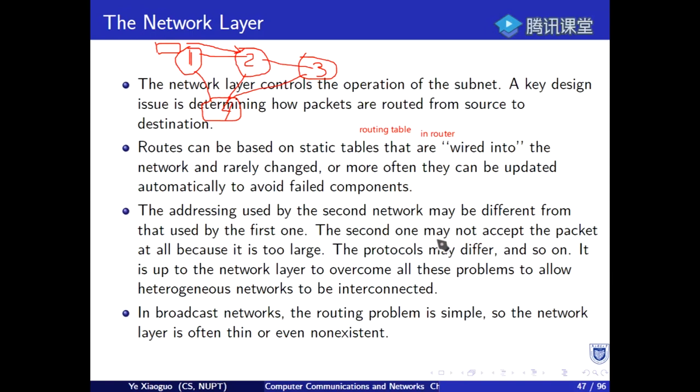So the second one may not accept the packet at all, because it does not recognize the address, or because the packet is too large. Too large means they obey different maximum transmission units, MTU.